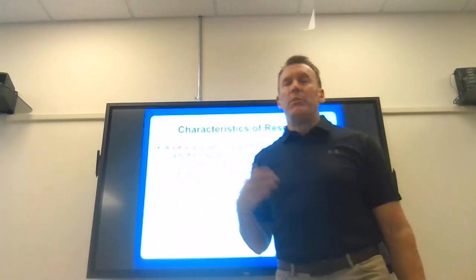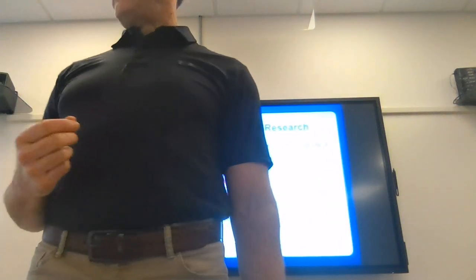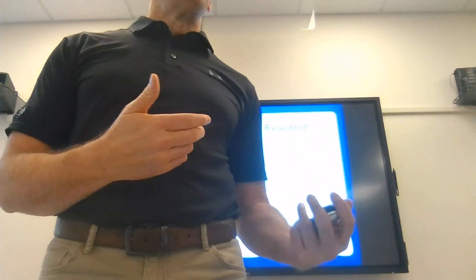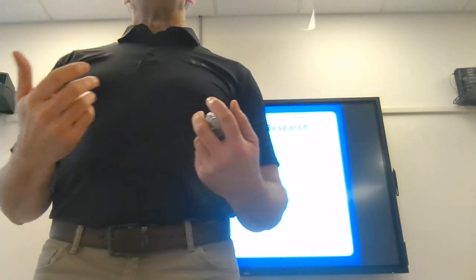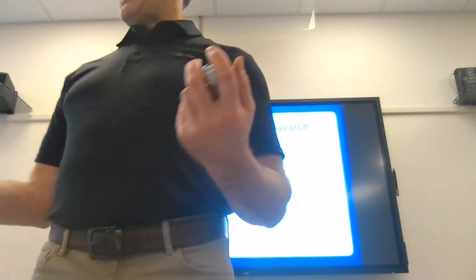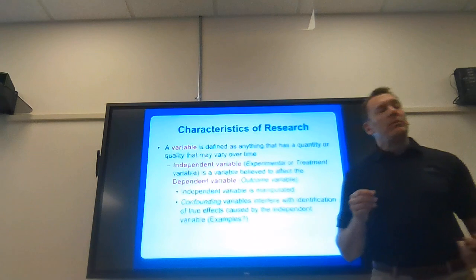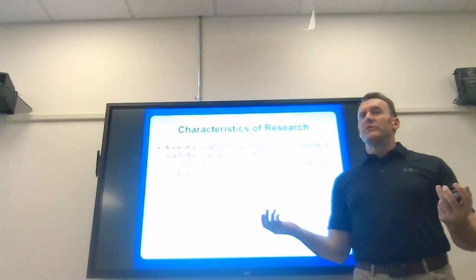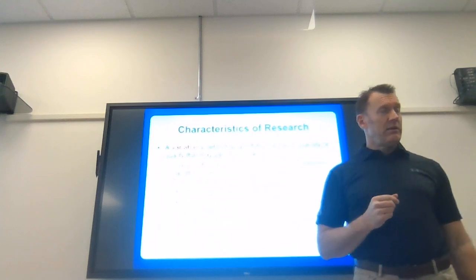So we might have multiple conditions within the independent variable. For example, we might have 60% of heart rate max compared with 80% of heart rate max. So the overall independent variable is intensity, but then we can have different conditions, different intensities within that independent variable.